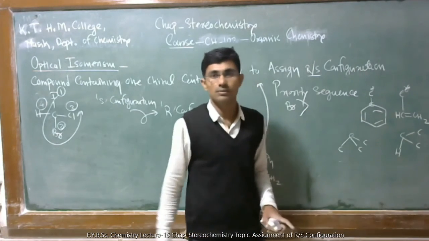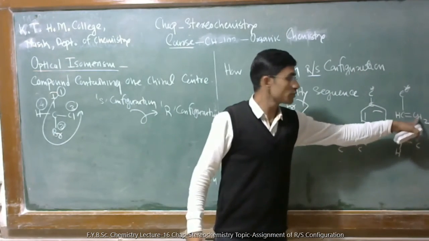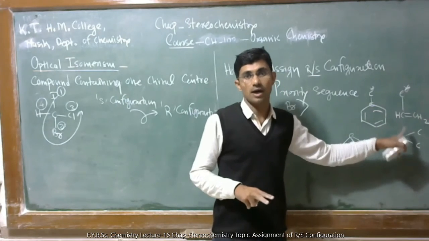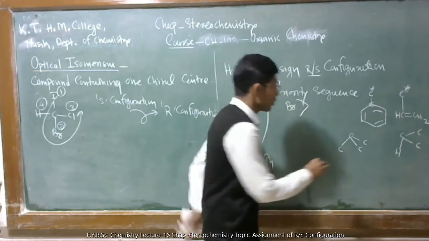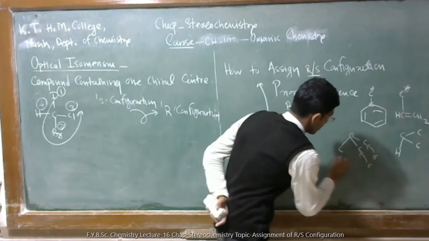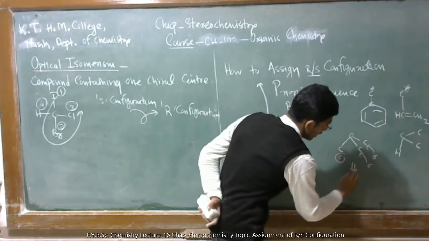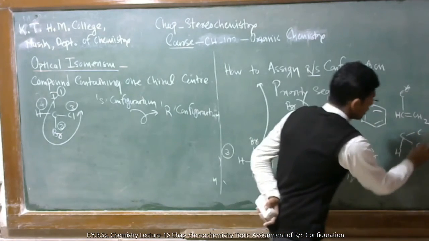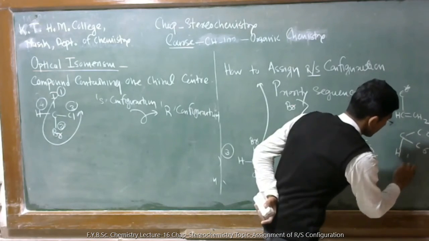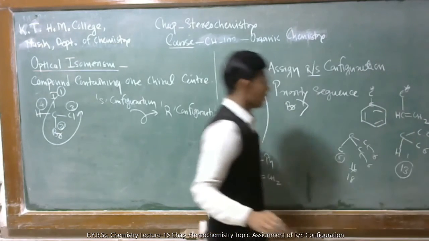So carbon, carbon, hydrogen. Here this carbon has atomic numbers 6, 6 and 6, while the other has 6, 6 and 1. So this becomes only 13.